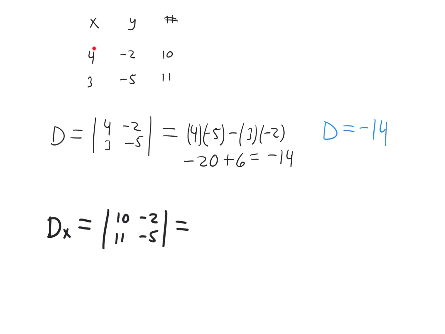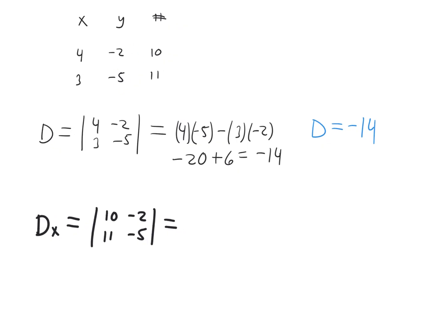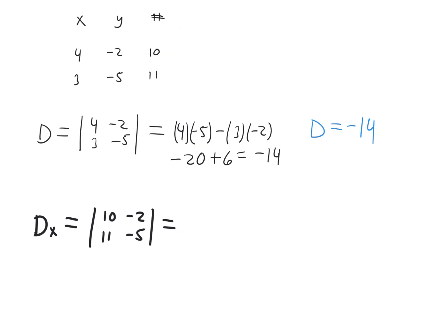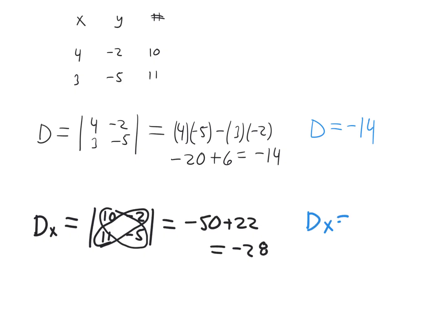And so you're replacing the x column with this one. The y's you're keeping the same. Okay, good. So we should get this diagonal, 10 times -5 is -50, minus this diagonal is -22, so plus 22 should get you, yeah, right, -28. And then so that gets us Dx is -28.